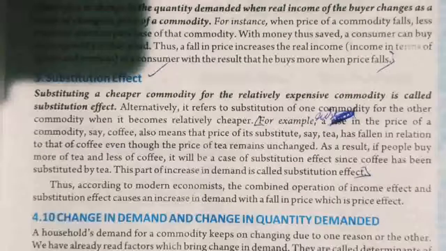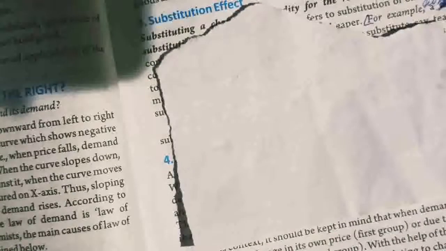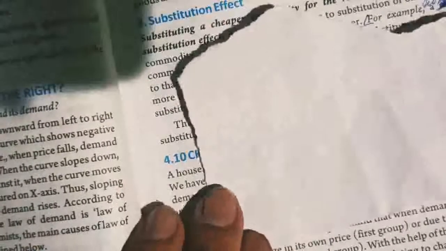Okay, now I will show you with an example. You see, there are two substitute goods, say tea and coffee.